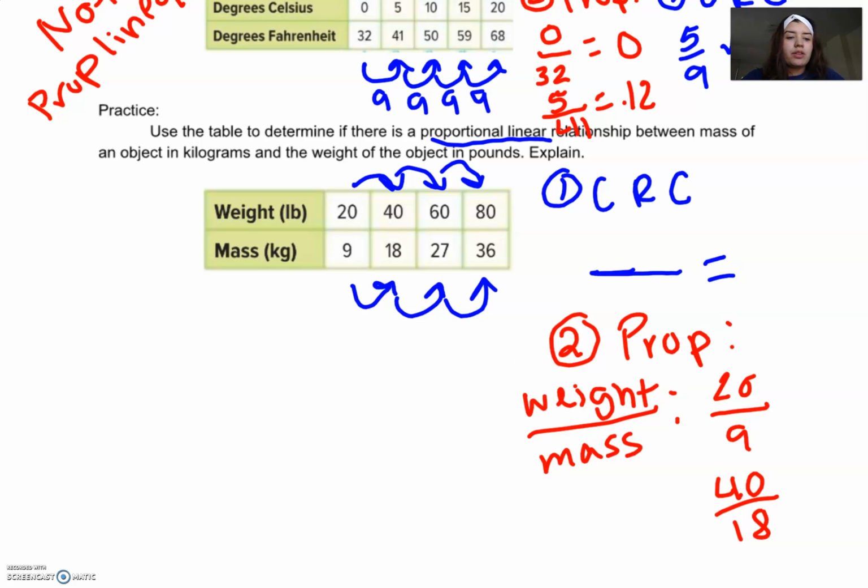And if those are the same, you have to keep going. So if those are the same, we're going to move on and compare 60 over 27. And then 80 over 36. Okay, and I'm going to add my explanation over here in the corner after you guys spend some time practicing.